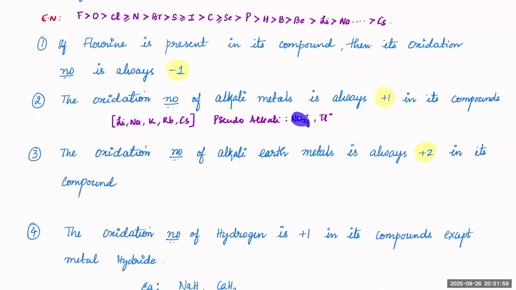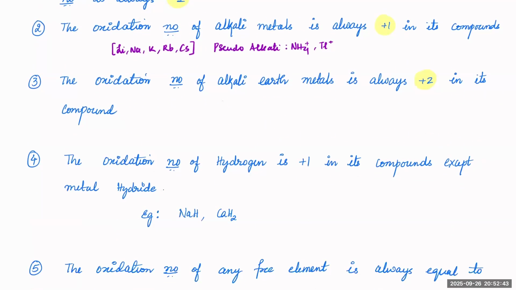NH4 as a whole is a pseudo part. So whenever there is NH4, understand that overall it will always have +1 charge. Hence all these elements will only exhibit +1 because they fall at the last of the electronegativity series, less than hydrogen, and they can only give one electron. Majority of them form ionic compounds and readily give away one electron.